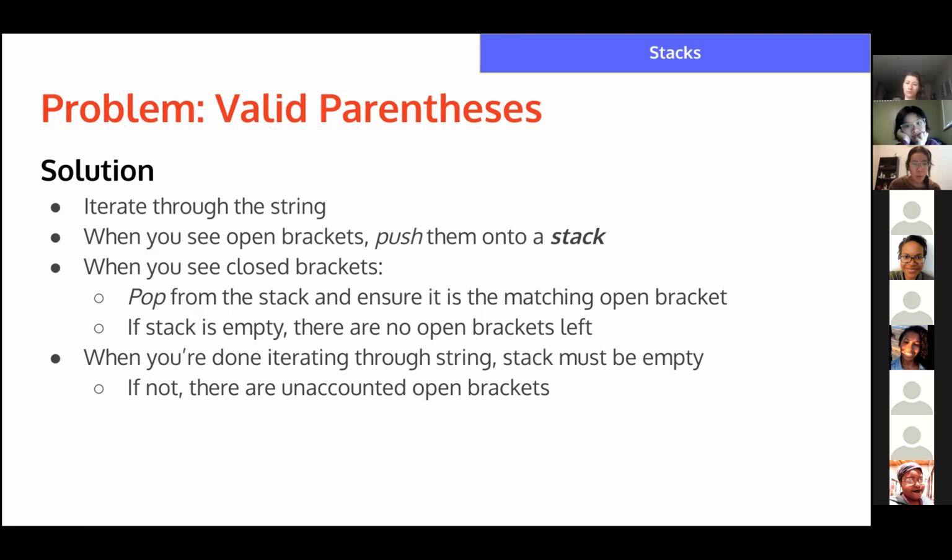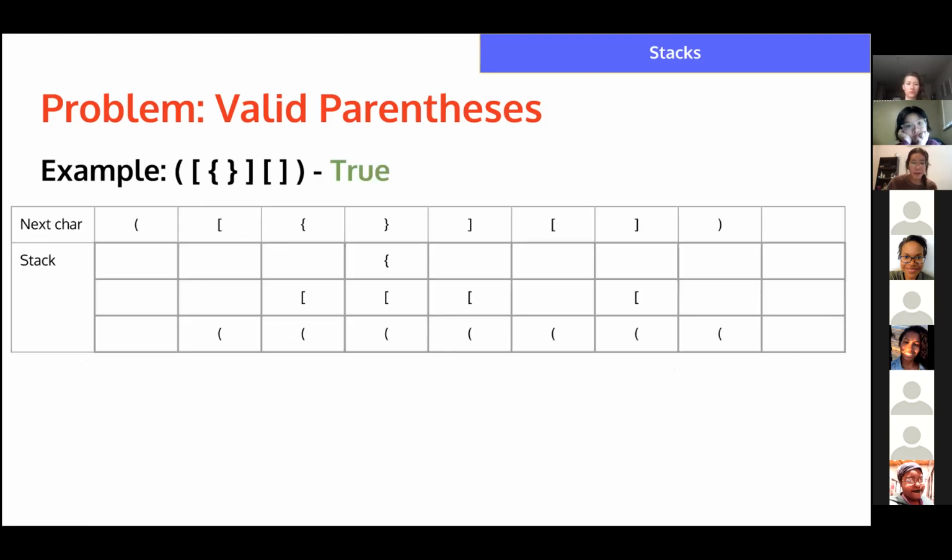So there's a walkthrough of how the stack works in the solution with a bit clearer of an example, I suppose. Here's an example string where, as we go through each character in the string, this is what the stack looks like at that given time.